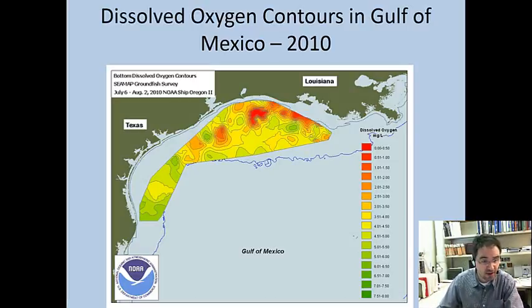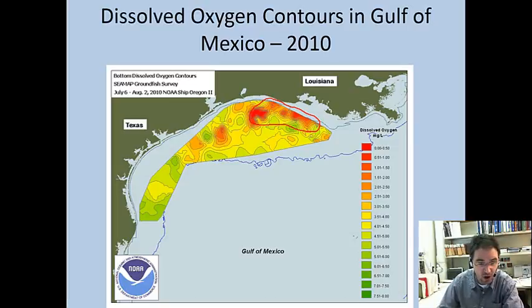Those areas that are in red and dark orange, right in here, are the areas where the concentrations are less than 2 milligrams per liter of dissolved oxygen.